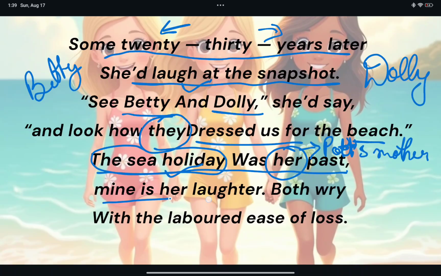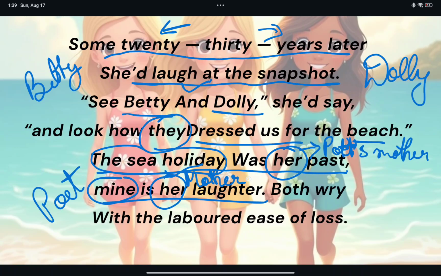Now, she says, mine is her laughter. Now, mine is referring to the poet, and her is referring to her mother. She says that both of us, my mother and me, both of us have our own past. My mother's past was the sea holiday, which used to make her feel happy.